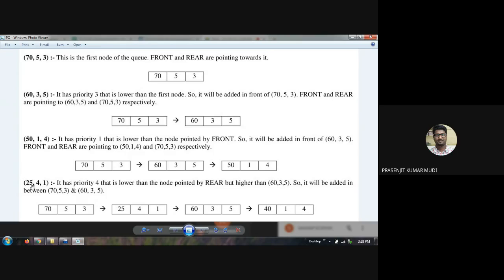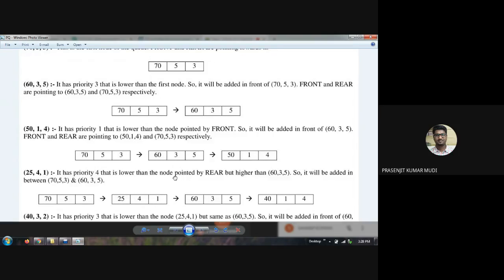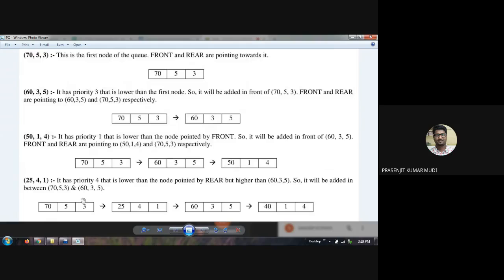That means this element should be inserted in between this 5 and 3, so that the picture looks like this. So front is pointing towards, sorry, it should be 50 actually, typo again. So this should be the front and this should be the rear.